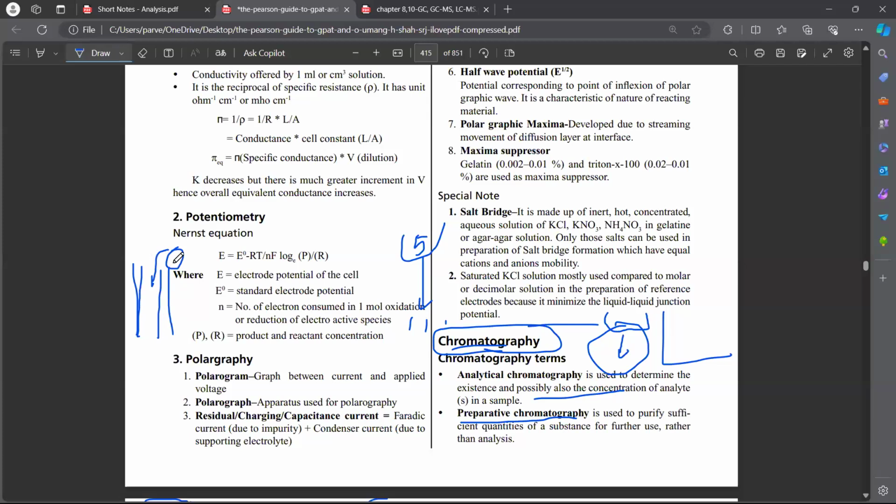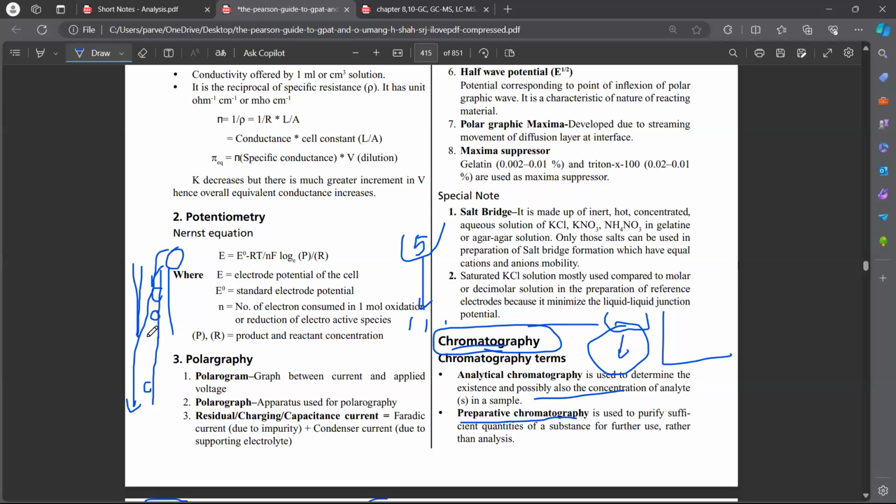The different components present in the sample have a different affinity with the stationary phase. For example, one sample will adsorb here, and one would be adsorbed here. And we pass the mobile phase. The adsorption occurs by very weak intermolecular forces like van der Waals forces, ionic bonding, hydrogen bonding, etc.